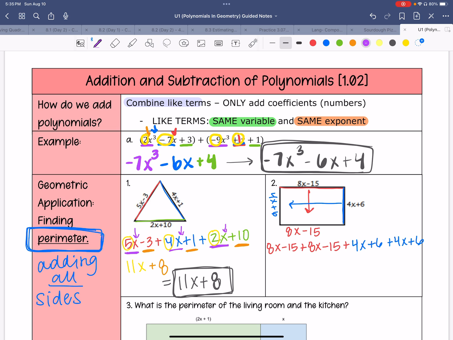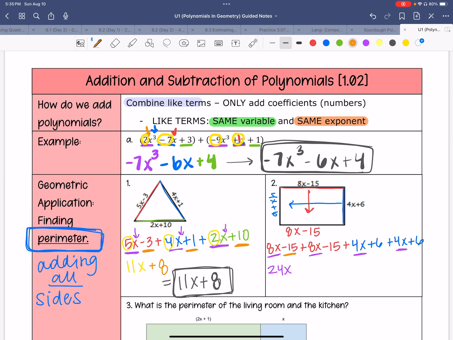Now again, I'm going to identify my like terms. So 8x, 8x, 4x, and 4x. These are going to be all of my like terms. So notice I have 8 plus 8 plus 4 plus 4, and that is going to give me 24. Remember, your variable stays the same, x. And then next, I'm going to add all my other like terms, which are all constants.